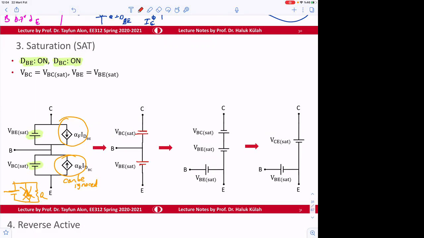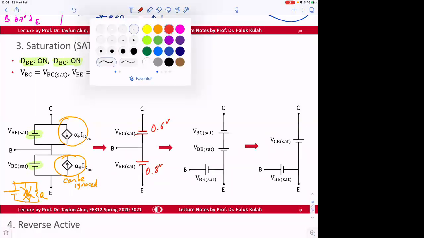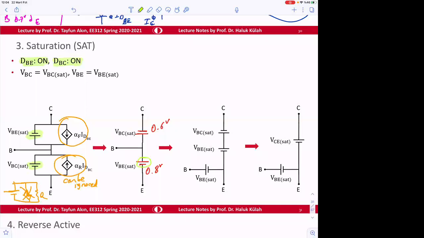And we say that this voltage and that voltage, in practice, we found out that this is like 0.8 volt and this is 0.6 volt. So if this is the case, we like to, again, move this somewhere else. Like move it here. And then move this, because now it's a voltage source, we cannot ignore it, and then move to this branch.